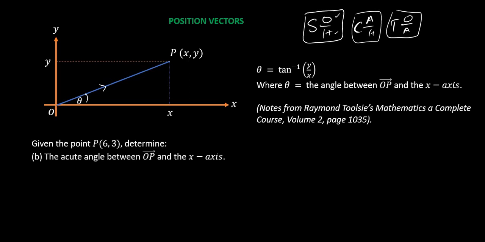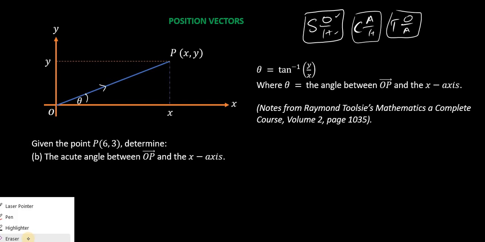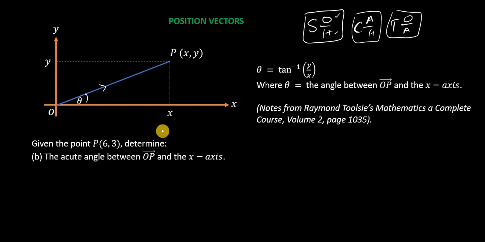Okay, so again, we're given this problem, and we know that the x coordinate is 6 and the y coordinate is 3 for point P. So let's go back to this. Here we have vector OP, and we're going to form a right angle triangle. This is the acute angle that we're looking at.